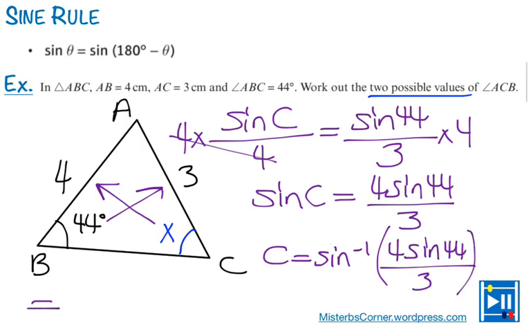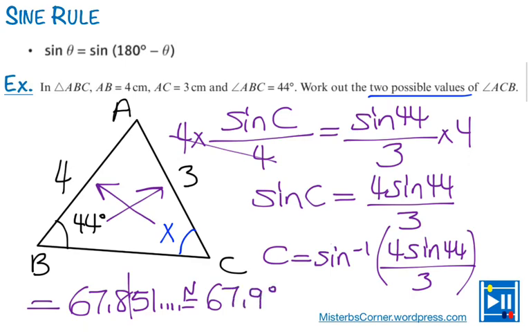Now I'm going to have 67 degrees, and the decimal part is 8, 5, 1, and so on, right? And I could round this to one decimal place, so this will approximately be 67.9 degrees. Now, this is the first possible value, alright?